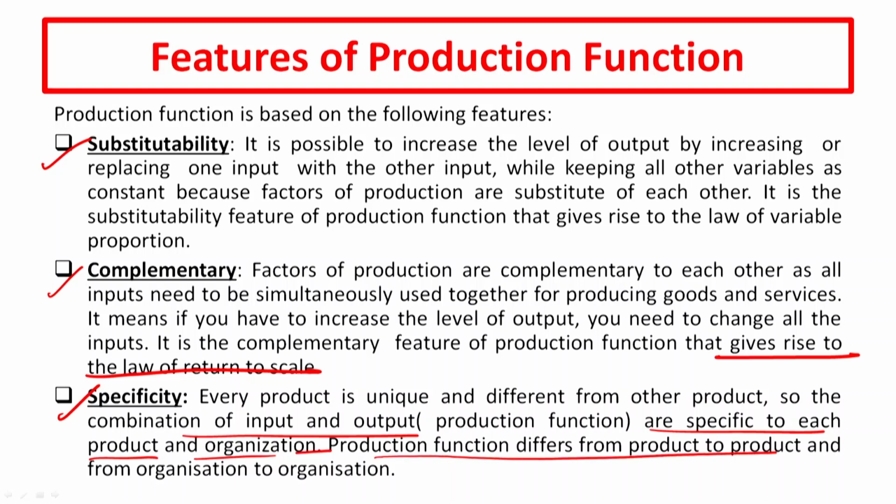Production function differs from product to product and from organization to organization, because every organization is different, every product is different. So you cannot apply the same input and output relation to each and every organization and to each and every product. So this feature of production function says for every product you need to decide a specific production function, a specific relationship of input and output.